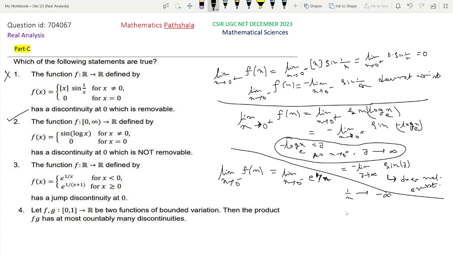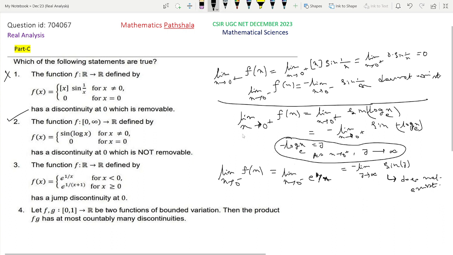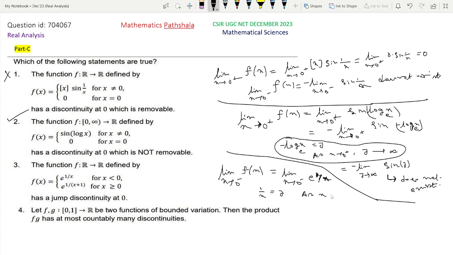So if we change the variable, suppose we put 1 by x equal to say y, then as x tends to 0 minus, we have y tends to minus infinity. So then the limit becomes the limit as y tends to minus infinity of e to the power y.